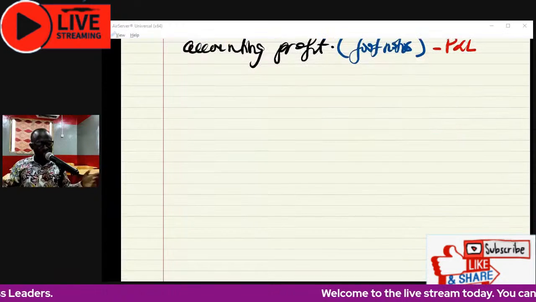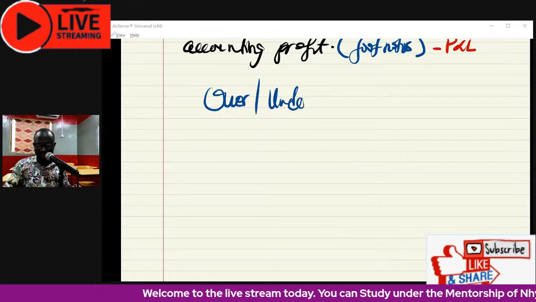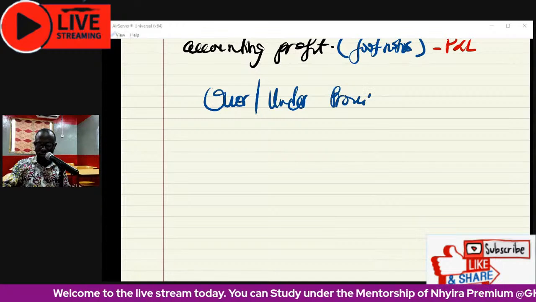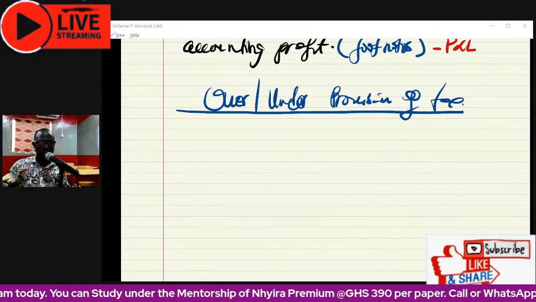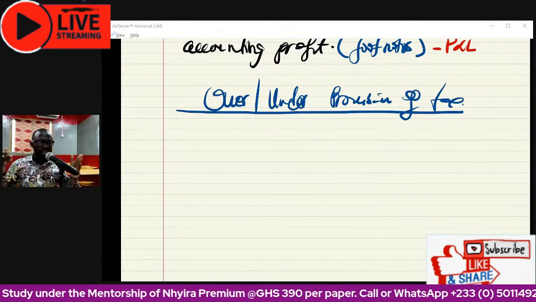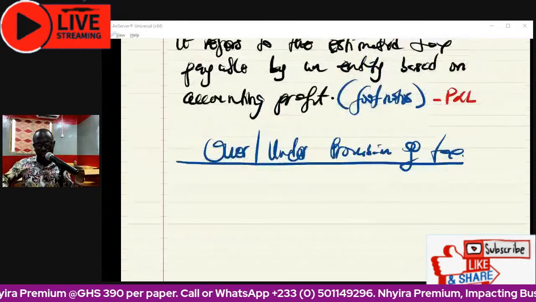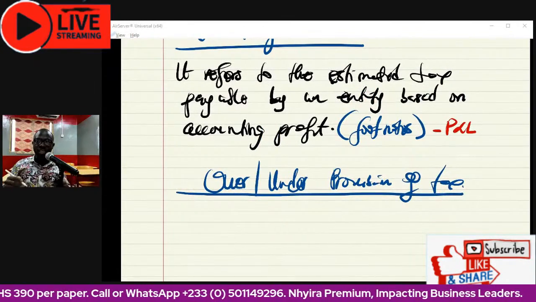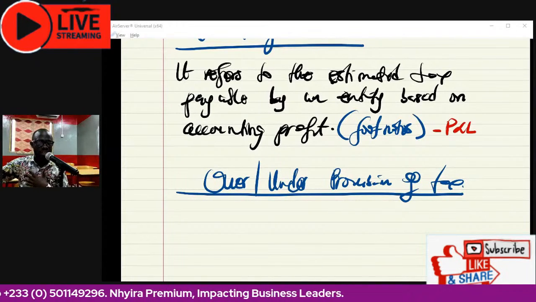After the current year tax, we come to the second category, and that is the over or under provision of tax. Now, stay with me carefully here. The idea about over or under provision of tax comes to being because, remember, the entity or entities always pay tax 1 year in arrears.